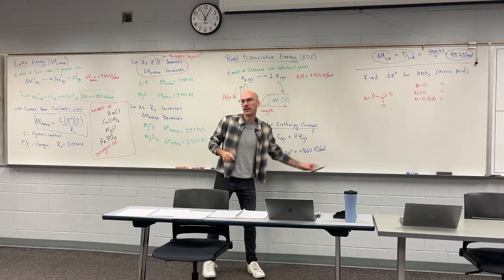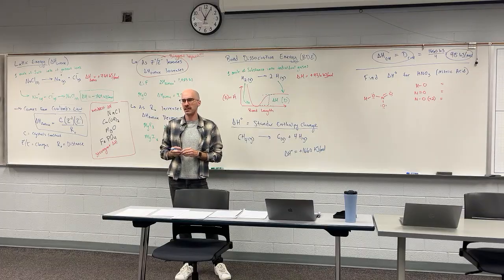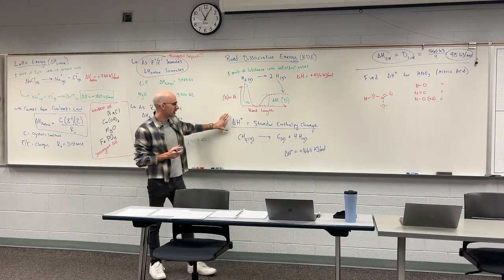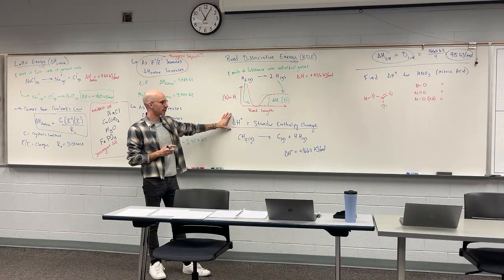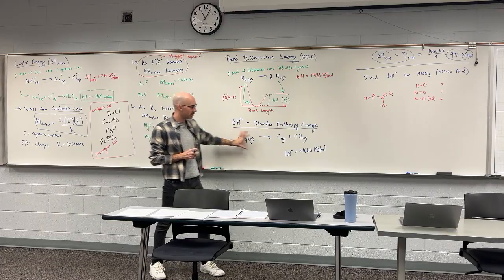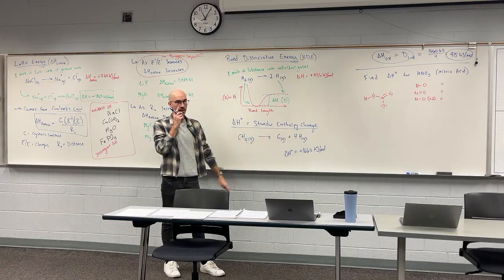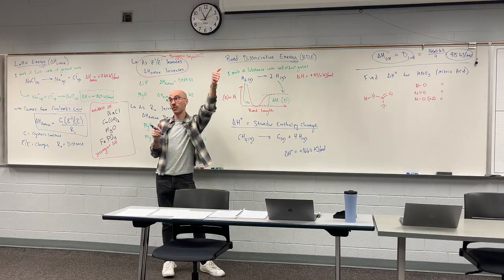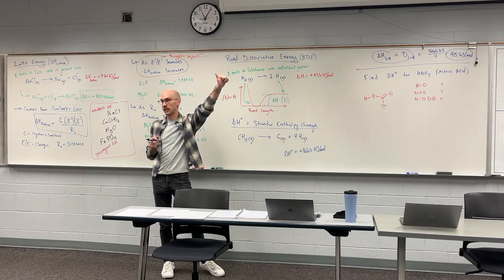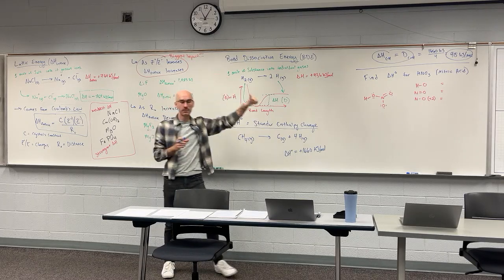All right, sorry, I did give you a hint here, but there's actually a piece I want to add to this, which is when calculating standard enthalpy change, when looking at the sum of all bond energies, there is something important. One, you have to know the Lewis structure because you need to know the types of bonds.